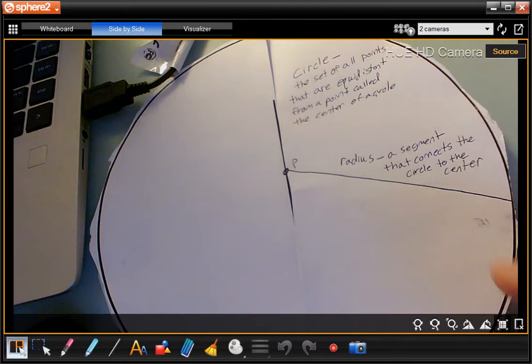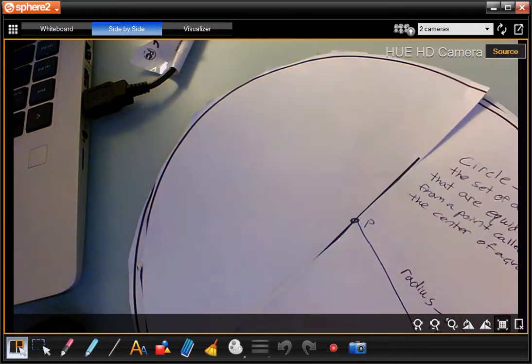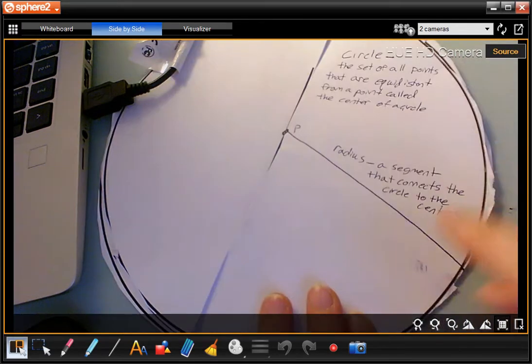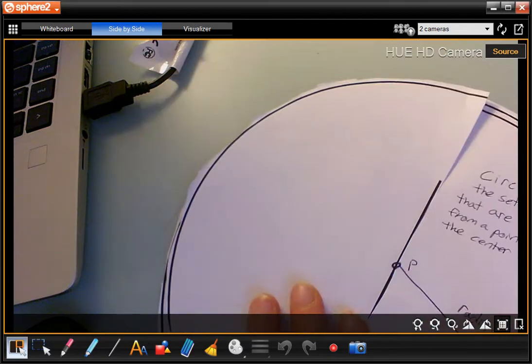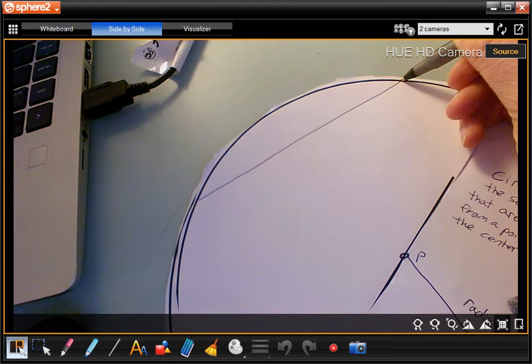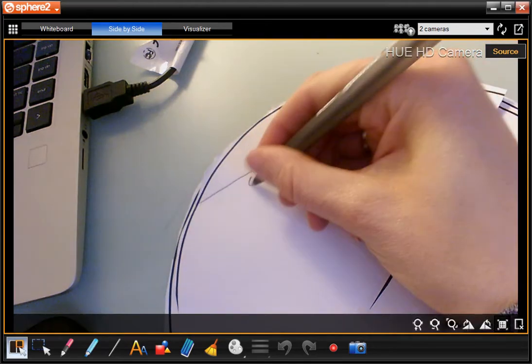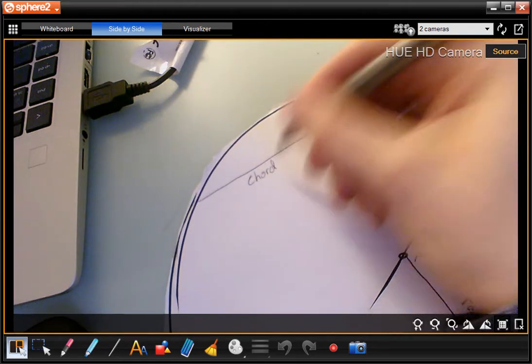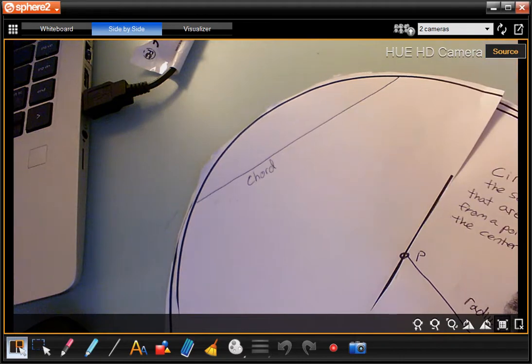Now we're going to talk about a chord. Okay. So a chord, I'm going to move to this side. Remember, you can always stop the video and freeze if you didn't get all of it. We've got a chord. So it's spelled C-H-O-R-D, like a chord you play on the piano or in music, but that is not what it's for.